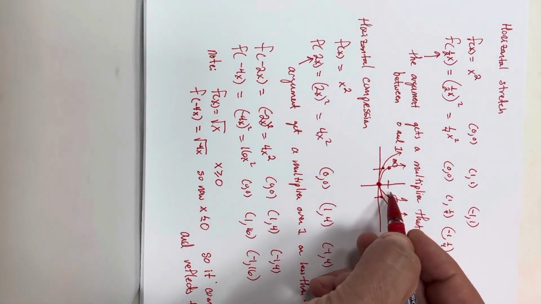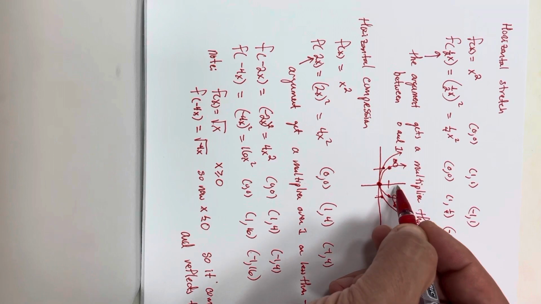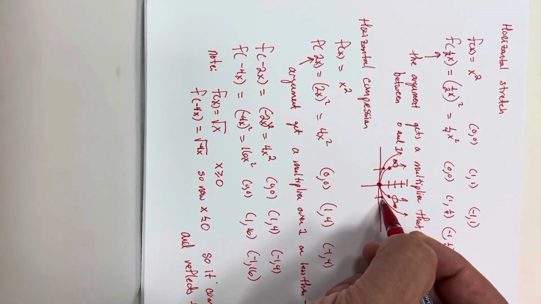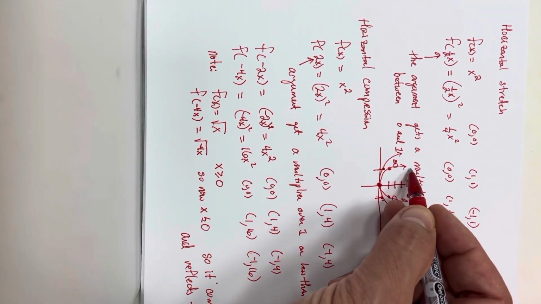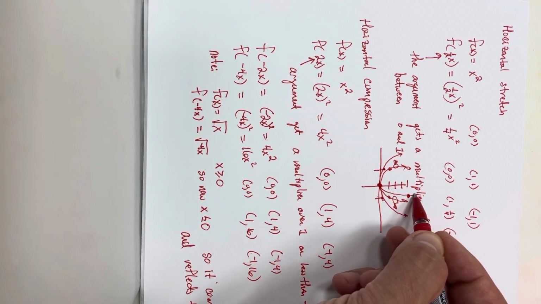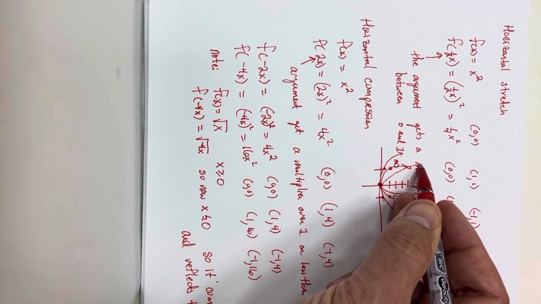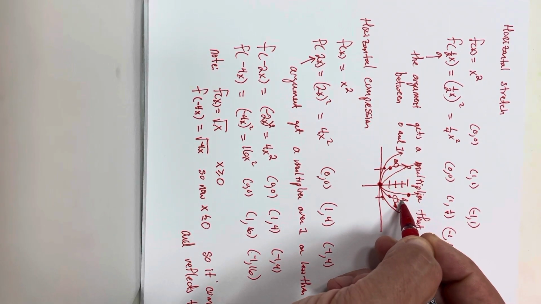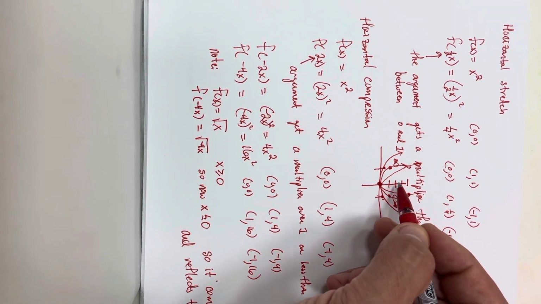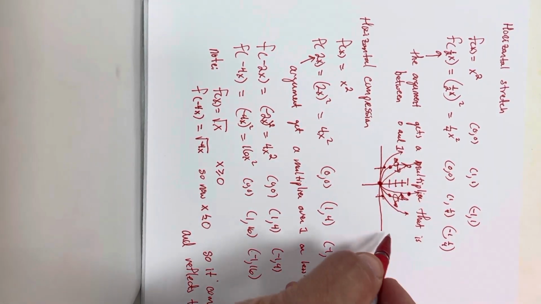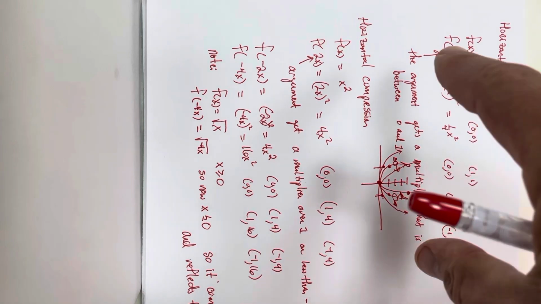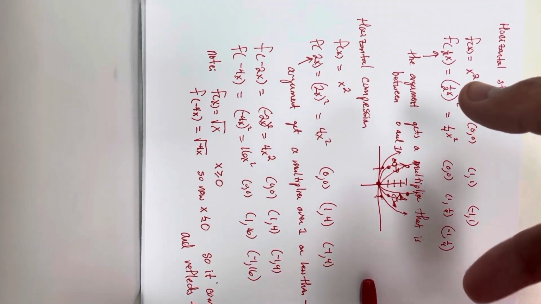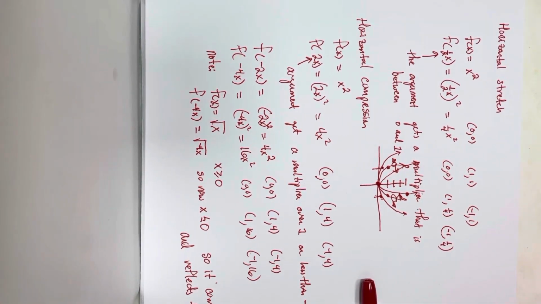And so at 1 and negative 1 back up here, we're way up at 4. If I graph that from the horizontal perspective, it's getting pushed in, compressed, like it's getting squeezed that way.